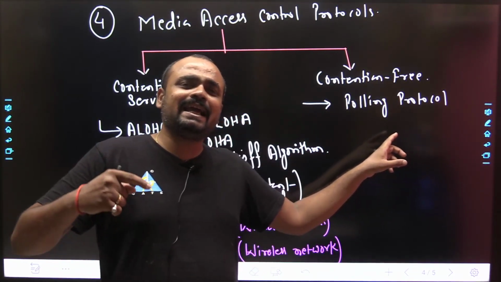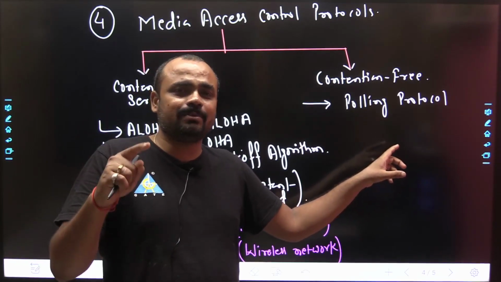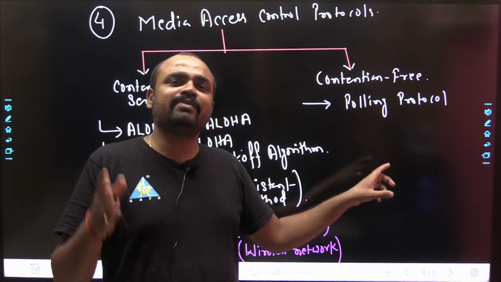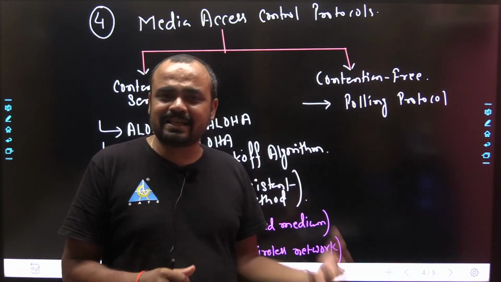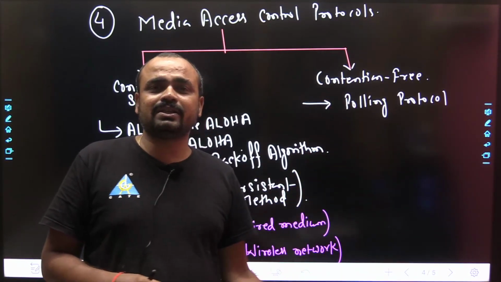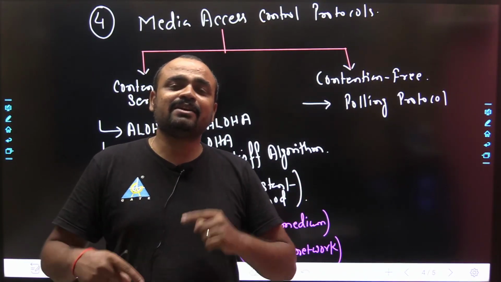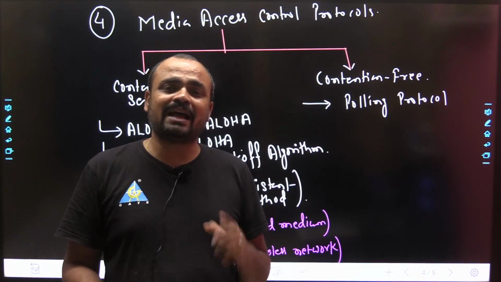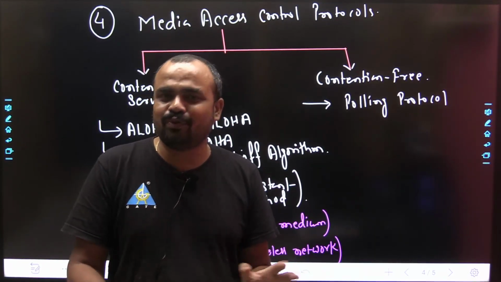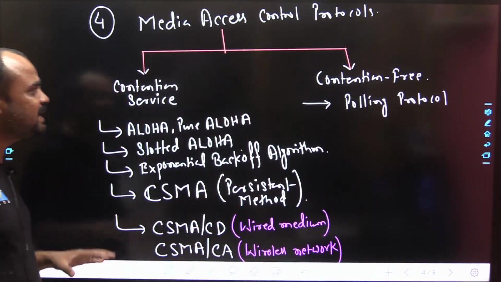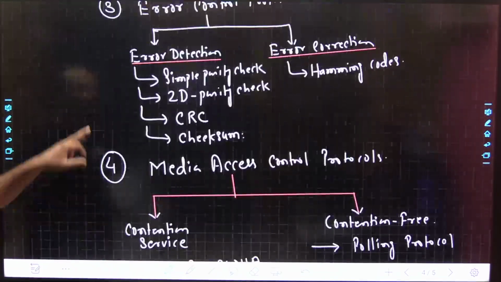If any changes happen inside the syllabus, definitely later on I will teach you, so just don't worry. I'm just writing all the things according to the GATE 2022 syllabus. Okay, so these are the things basically we have to study inside the data link layer.